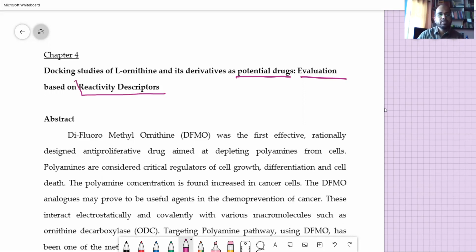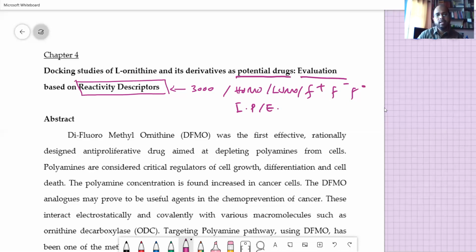Okay, so we have seen descriptors. I think I told you that there are more than 3,000 descriptors. Some of them are HOMO and LUMO, the Fukui functions f plus, f minus, and f0. So many, even the ionization potential and electron affinity, all these come under the reactivity descriptors.